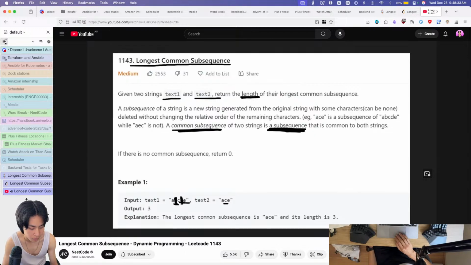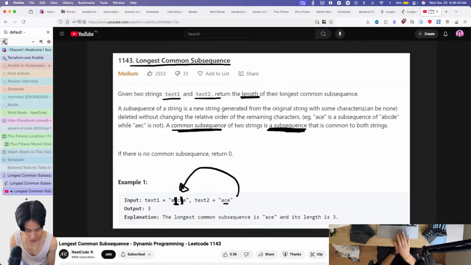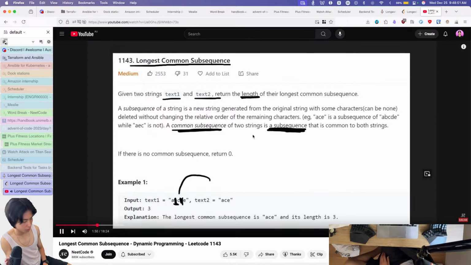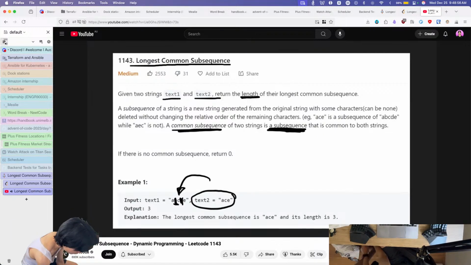But then we see the last character is an E, the last character in the other string is also an E. So we get the longest common subsequence to just be the original second string, right? Ace. Because ace can be found in the first string. All we have to do is remove a couple characters, right? Remove the B and remove the D. Then we get a subsequence that matches the second string. So the length of the longest common subsequence is 3.